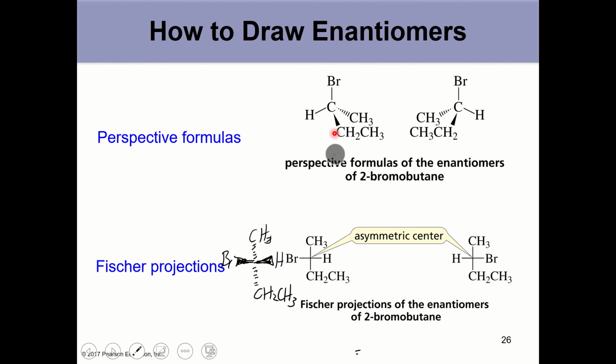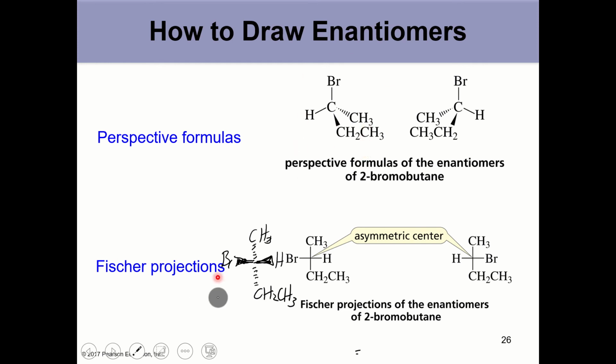Then the methyl and the ethyl, when you build the three-dimensional molecule, make a V with the methyl going back and the ethyl coming forward. Okay, so that is the perspective formula.